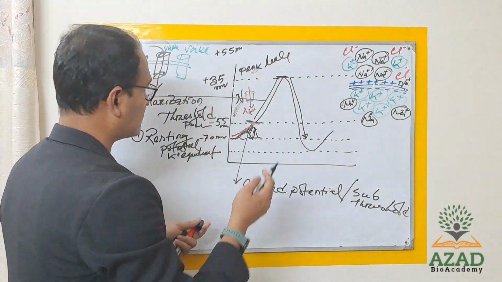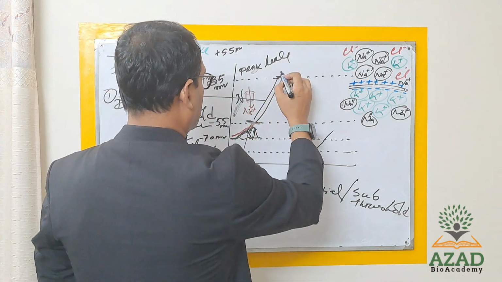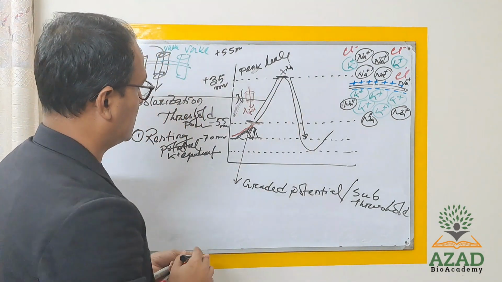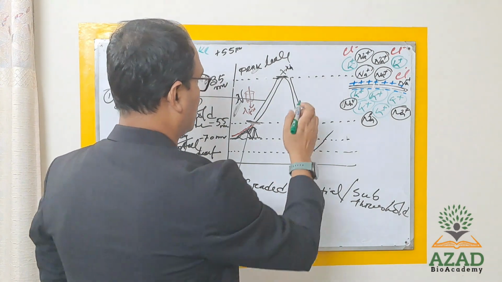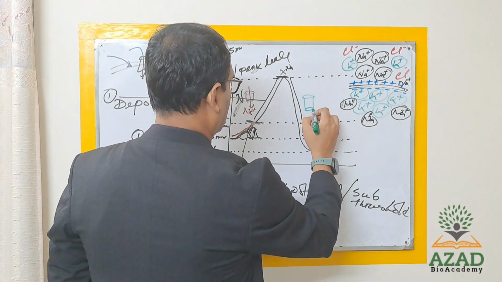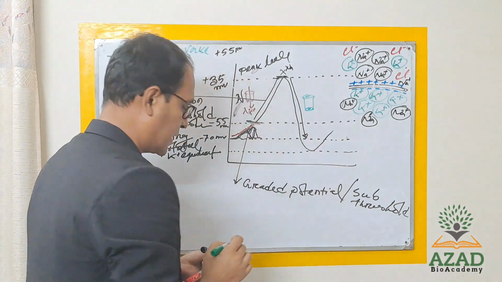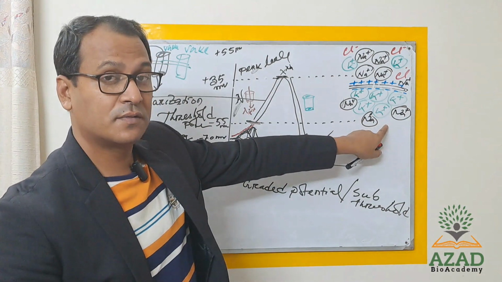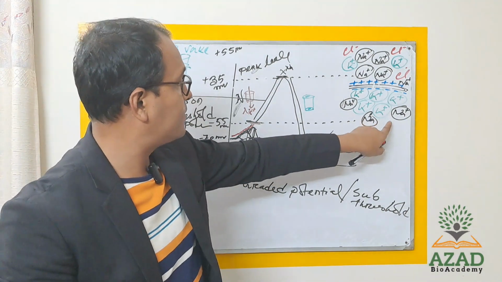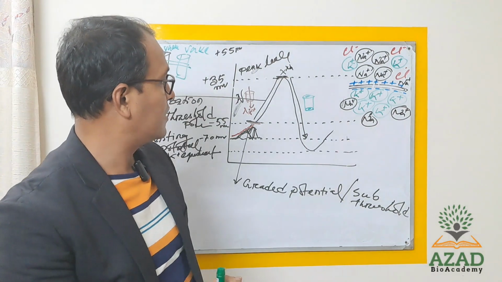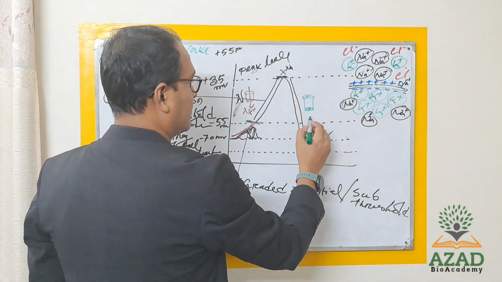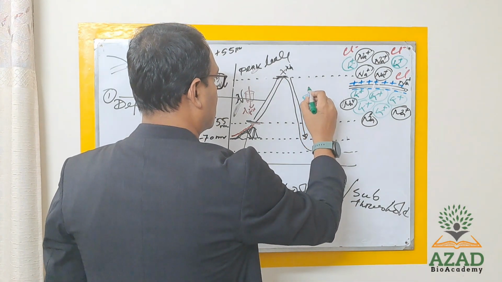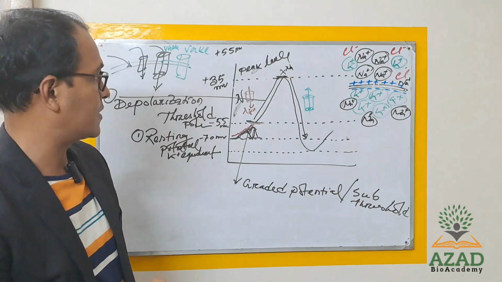So here the voltage gated sodium channel will close, and then the voltage gated potassium channel will open. Okay, and as you know, inside the nerve cell the number of potassium is very much more than outside. So what will happen? Through this voltage gated potassium channel, potassium will exit, potassium will efflux.